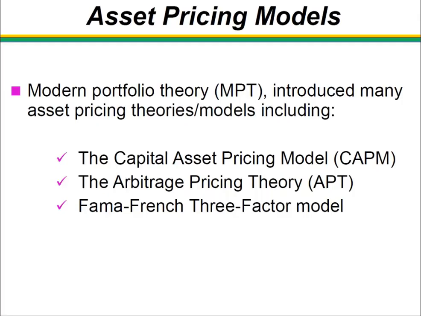These models don't just have academic interest. They're used extensively in practice for portfolio management, performance evaluation, cost of capital calculations, and risk management. Understanding these models is essential for anyone working in finance or investment management.